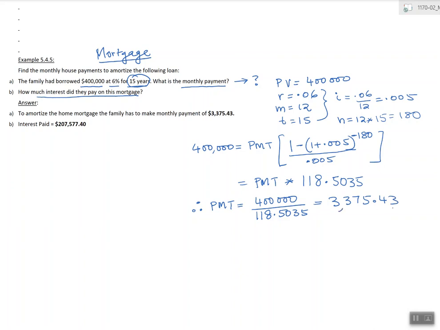The answer may be slightly off from this number because I'm only keeping 4 decimals here. So the monthly payment would be $3,375 and 43 cents. So this family would be paying this amount monthly for 15 years to pay off a $400,000 house.